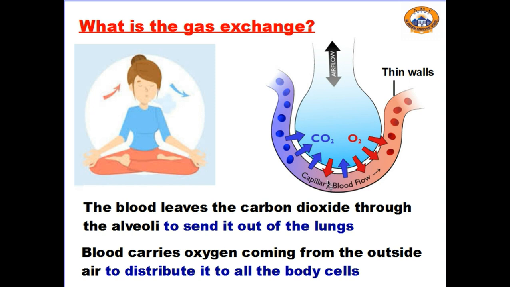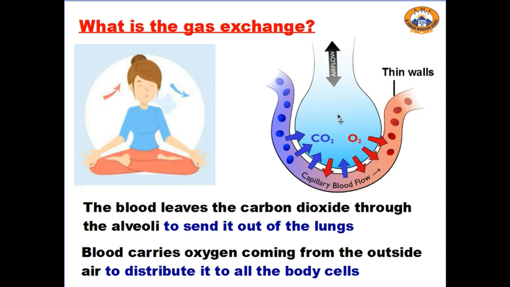The blood takes the carbon dioxide from the cells, the waste materials from the cells, and transports it to the alveoli. So the gas exchange happens between what and what? Between the blood inside the blood capillaries and the air in the air sacs or the alveoli.